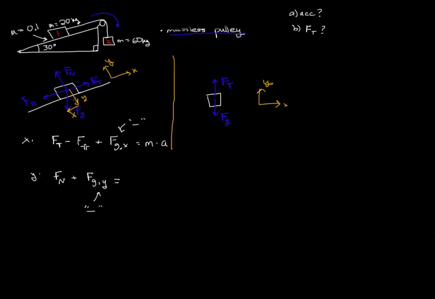Your net force in the y direction is actually going to be 0. You're not moving in the y direction. If you were, you would either fly off the incline or sink into it. So since you're not moving, your net force is going to have a 0 acceleration, which means you're going to have a 0 net force.